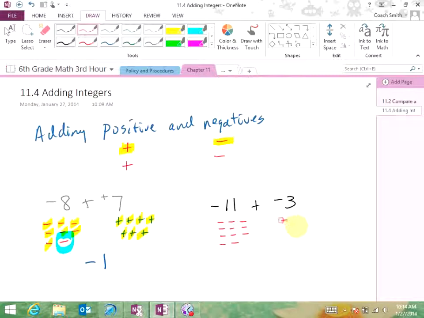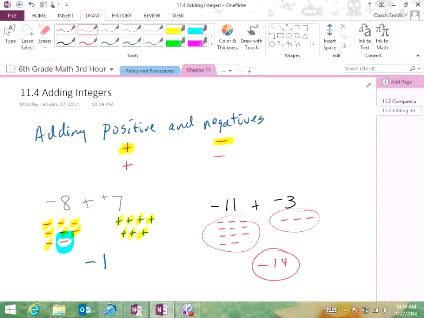Over here I have 3 negative signs. Okay? Negatives don't cancel out negatives. The only thing that cancels each other is a positive and a negative. So, then I have 3 negative signs here, 11 there, so what's my total number of negative signs? 14. So my answer is -14.